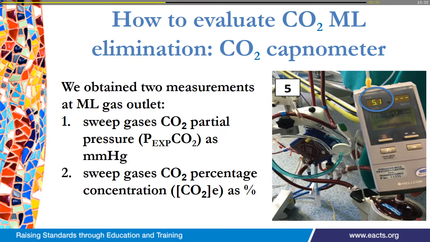How? We evaluated the CO2 elimination by the membrane lung with the CO2 capnometer. This method entails the insertion of a tube into the sweep gas outlet, which is connected to the side stream capnometer. And we obtained 2 measurements at the gas outlet: sweep gas CO2 partial pressure in mmHg and sweep gas CO2 percentage concentration.